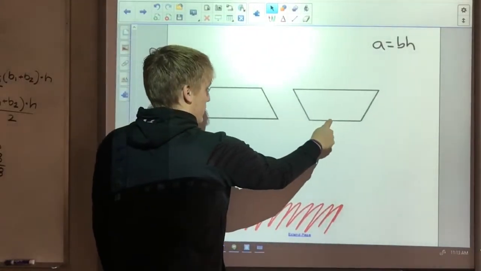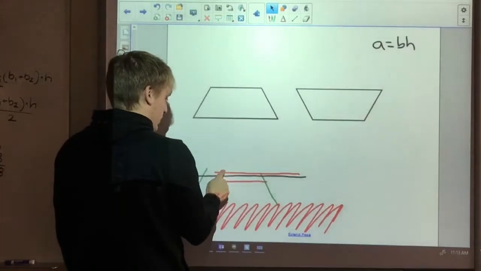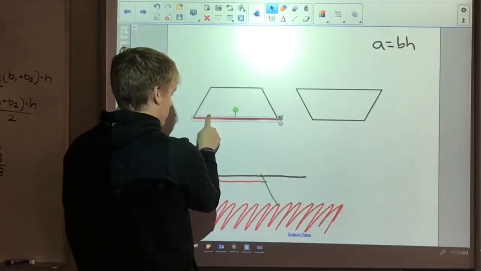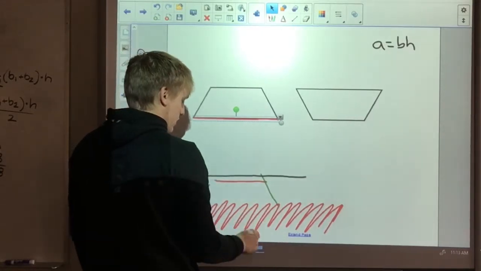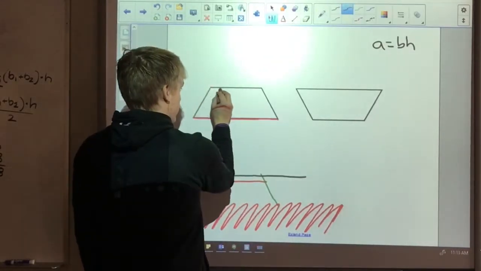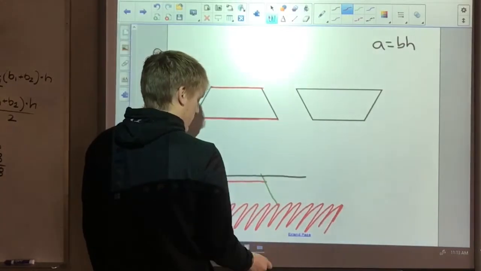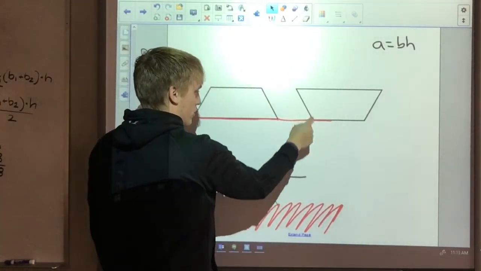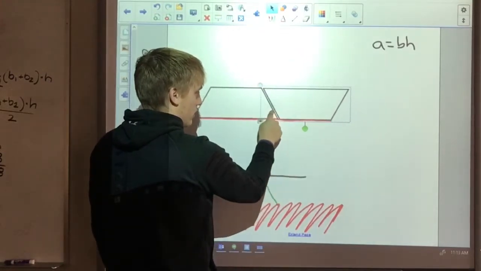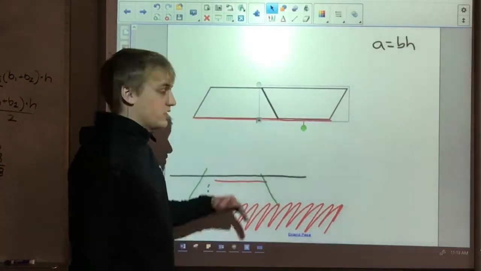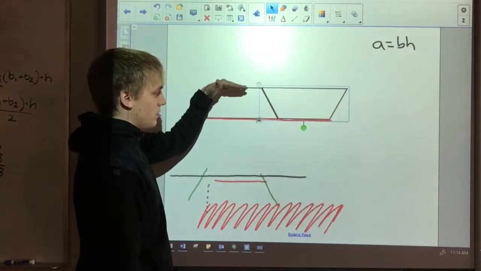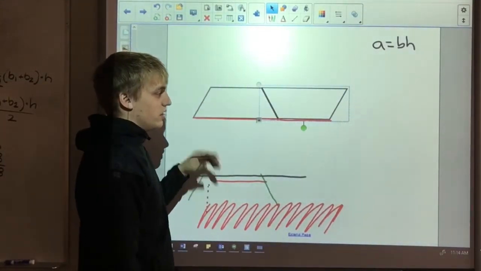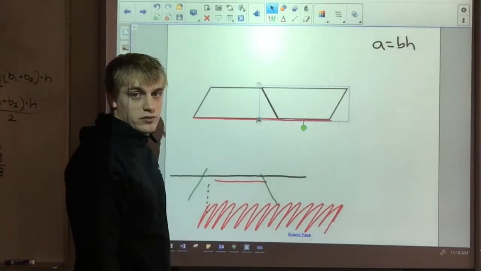So if I take this line right here, and this line right here, if I drag those, they will equal each other. Okay, so what we can do is we can take that top line and add it to the bottom line and then multiply it by the height and divide by 2.